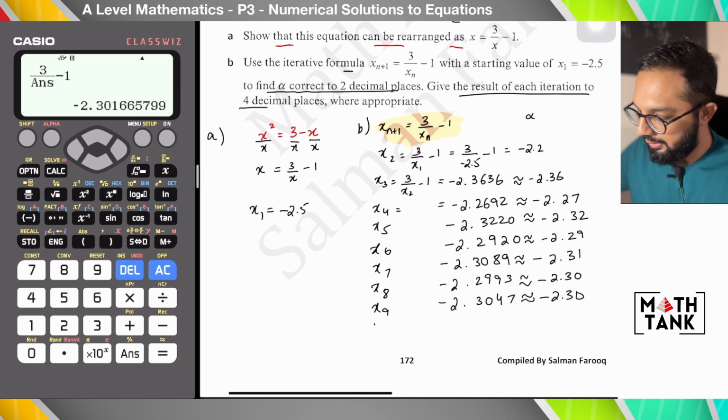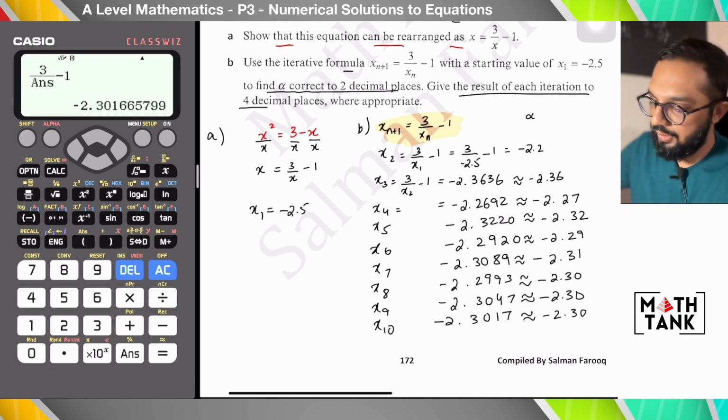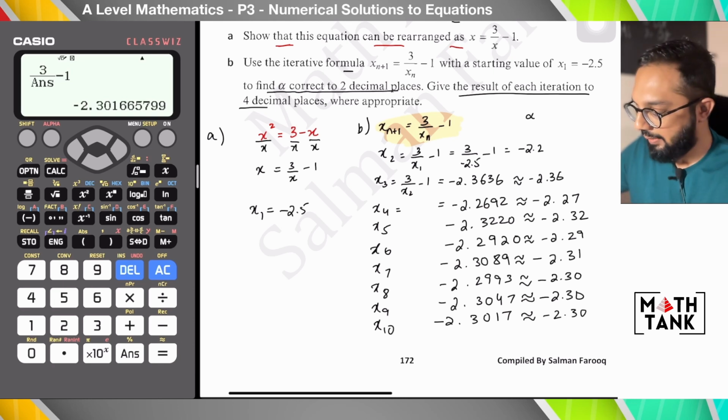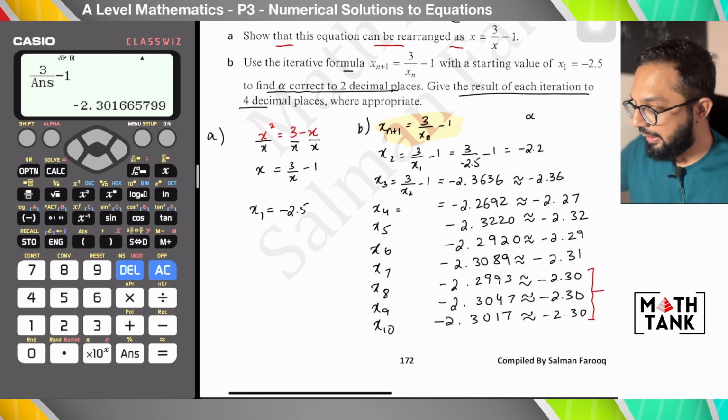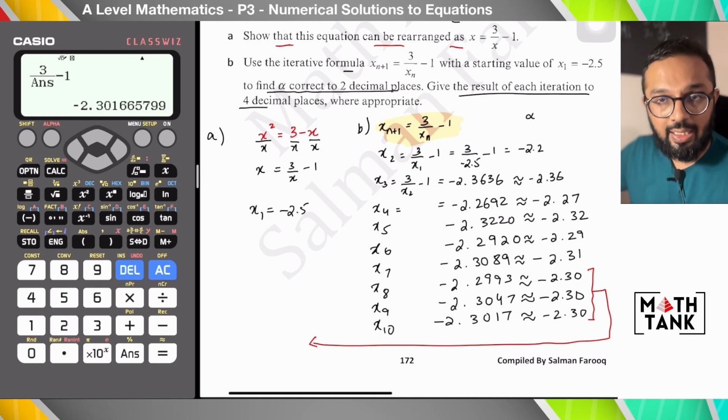And another one, x10: minus 2.3017, minus 2.30. Now you see, your requirement was to give alpha correct to 2 decimal places. This 2 decimal place answer has repeated thrice. Therefore, I am going to say that that is the final value of x.